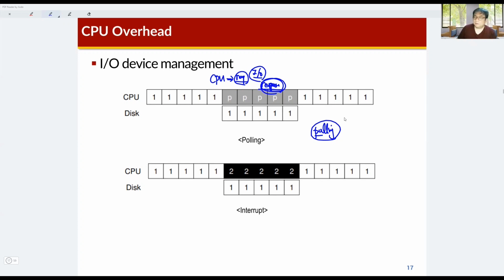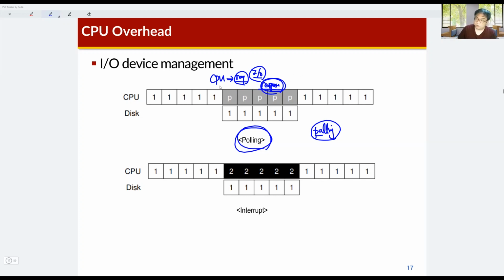So how can the CPU know the I/O device completes each request? The first method is polling. Polling means that the CPU continuously checks the status of the I/O device, by reading some status registers.